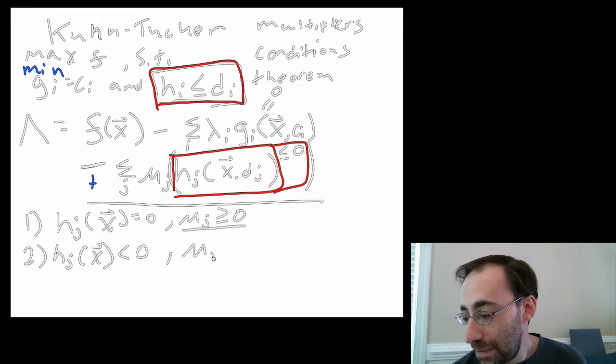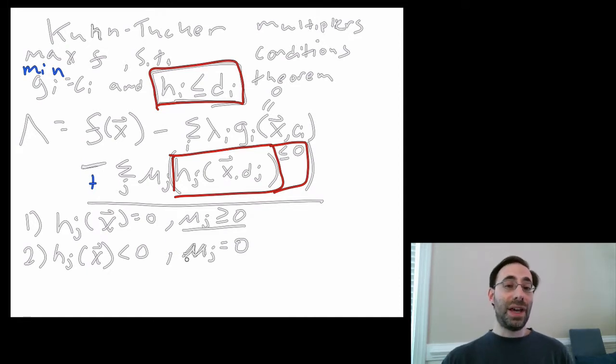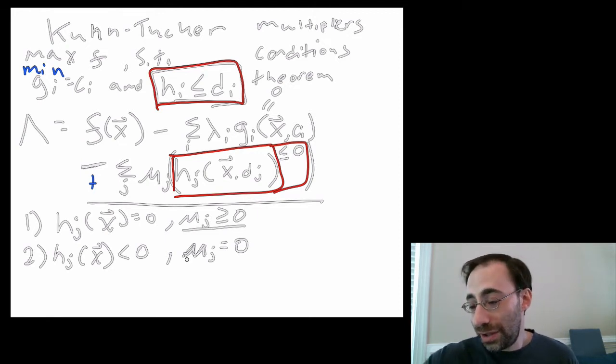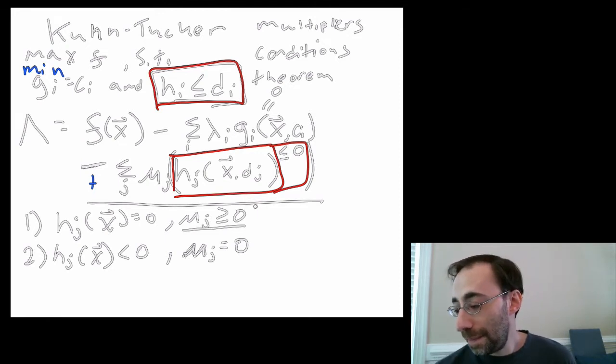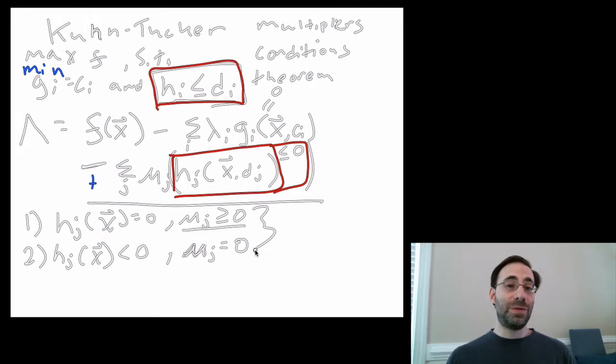So we're going to have to set mu, sorry, it looks like an m, equal to 0 for those cases. If the constraint is slack, then we set mu equal to 0 to force that term to go away. If mu is 0, the whole term vanishes, and we've still subtracted 0. So these two conditions combined force that last term to be 0 in equilibrium always.